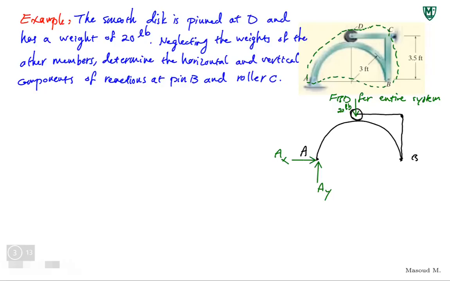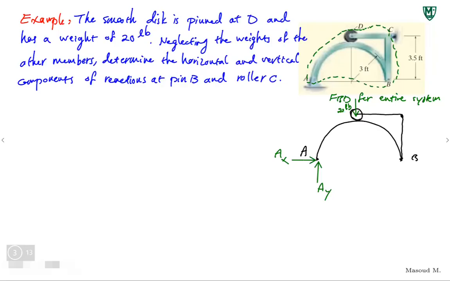There is no pin that is support for the structure. So we don't put anything there. If we had something like a pin, that would have been a different story. But right now, it's just hanging there. It's just a connector. So there is an internal interaction between forces at B, between member AB and member BCD. But for the free body diagram for the entire system, nothing at B.